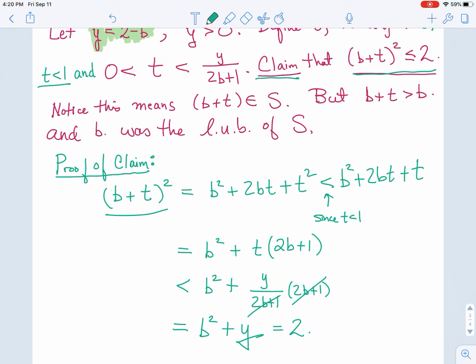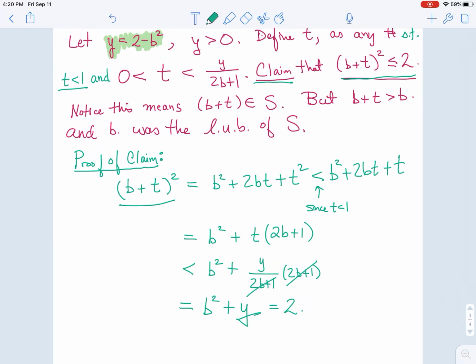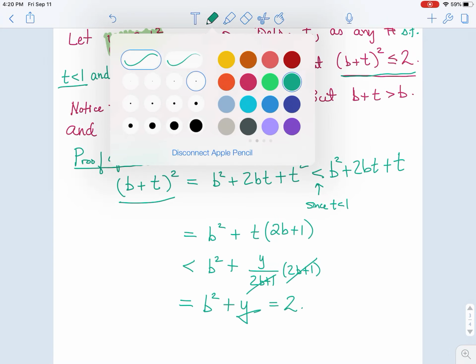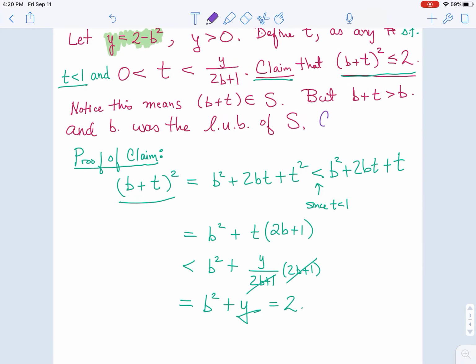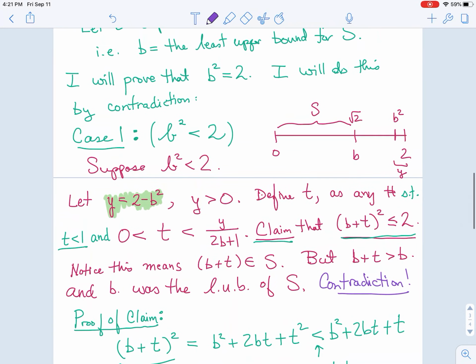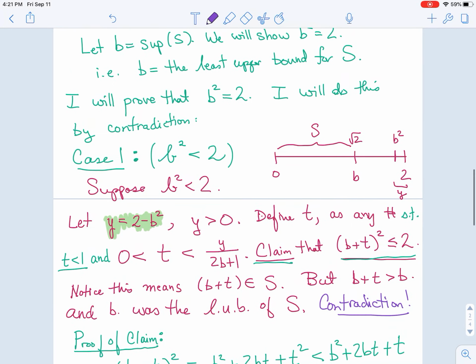And I actually showed it was strictly less than 2. So I did it. And so we have a contradiction. I guess I didn't write that. Let me put that here. This is a contradiction. And what we contradicted was that b was the least upper bound of our set.